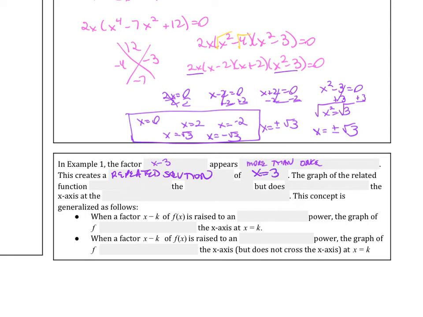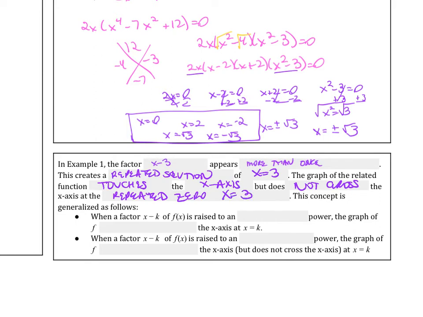The graph of the related function touches the x-axis at this point, but does not cross the x-axis at the repeated zero of x equals 3.